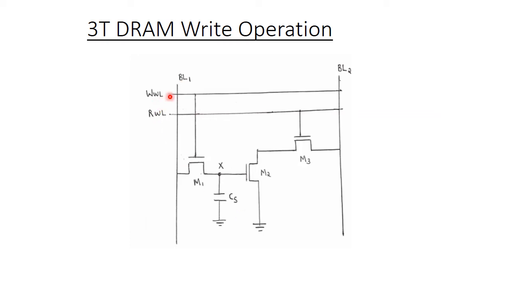Based on the value that we need to store, we need to pre-charge the bit line 1, and before that we need to enable the respective word line, and pre-charge the bit line to the respective values. To write 1, we need to pre-charge BL1 to VDD, and to write 0, we need to pre-charge BL1 to 0.